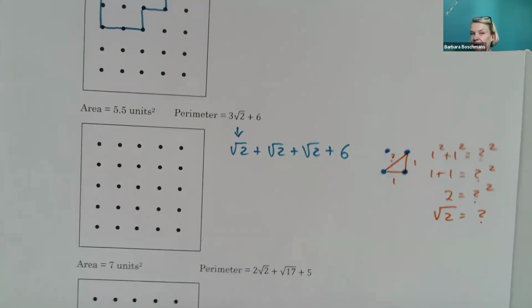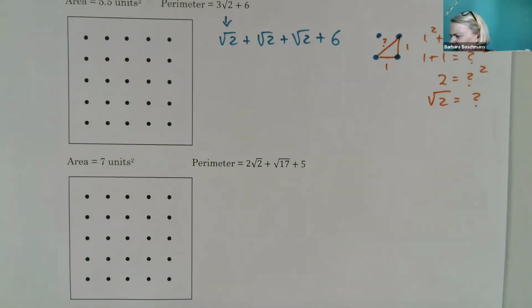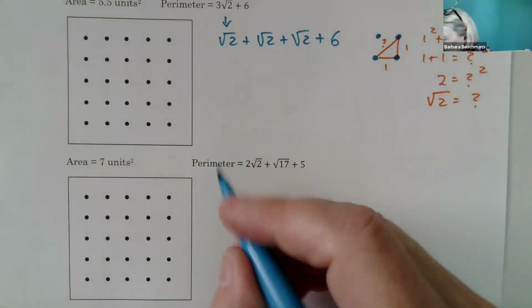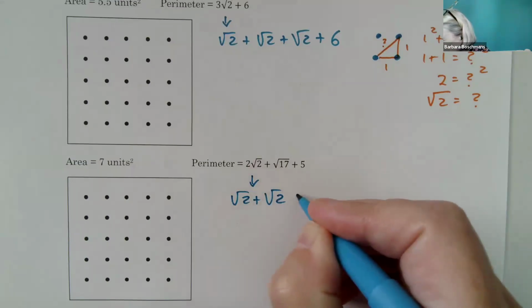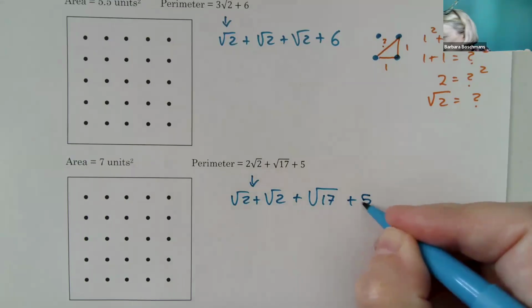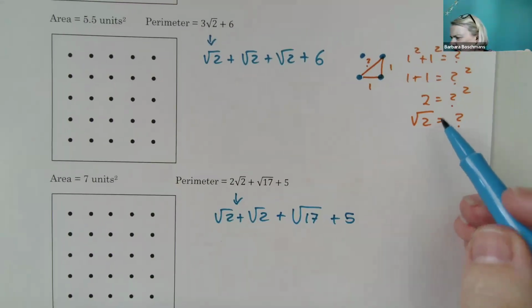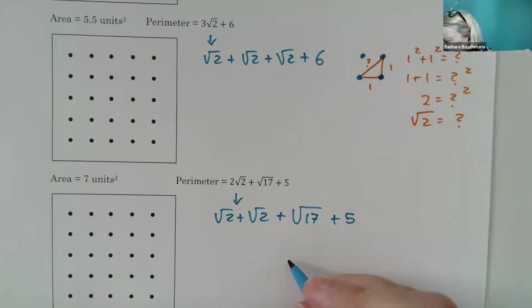Okay, so play around with that one. And then the last one is 2 square root of 2. So again, that could be square root of 2 plus square root of 2. Square root of 17. So let's think about up here. So we end up with square root of 17.